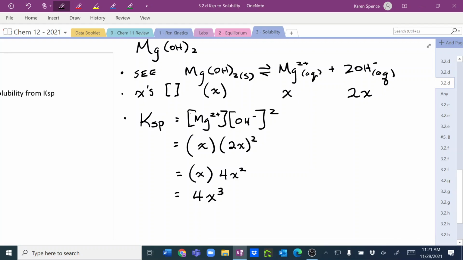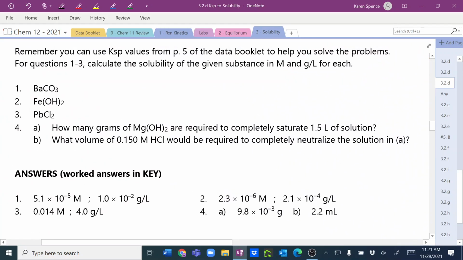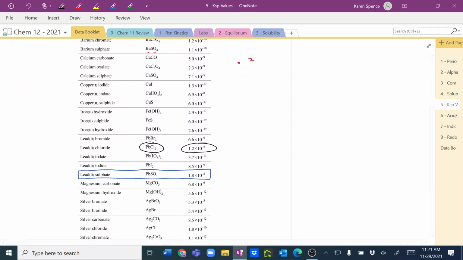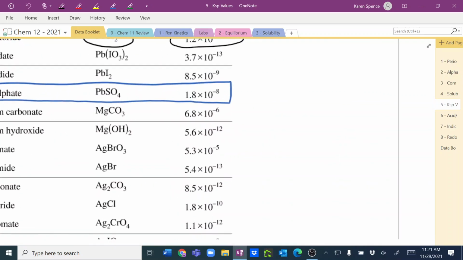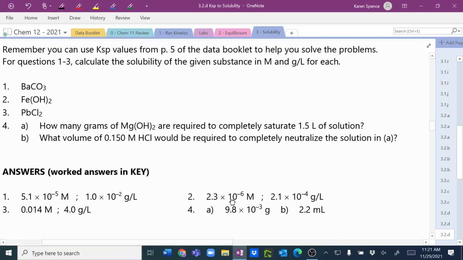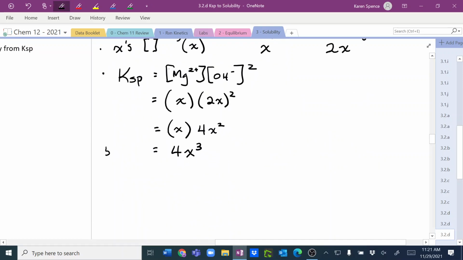Let's check and see if it gave us a Ksp or if we need to look up that value. I see no Ksp, so we need to look up that value for magnesium hydroxide: 5.6 times 10 to the negative 12.